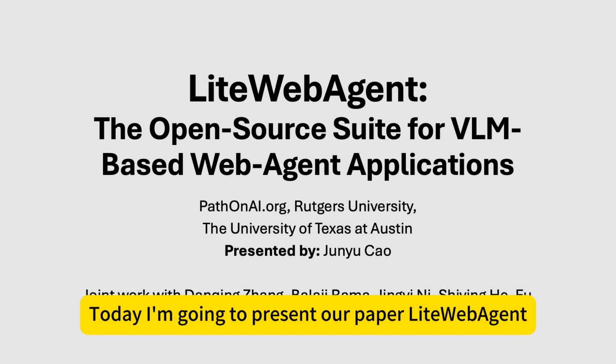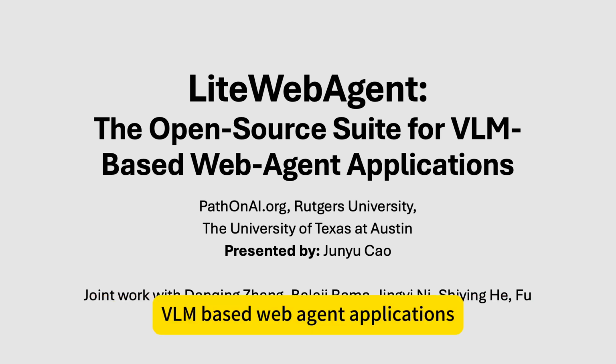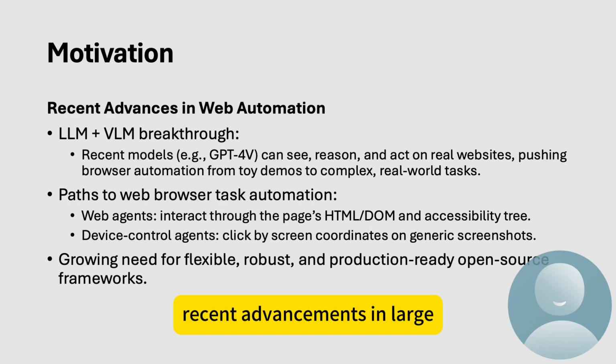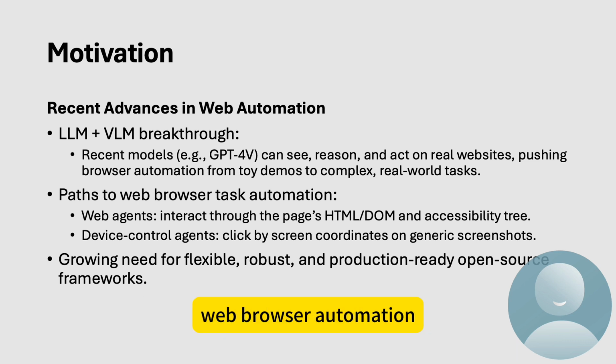Today I'm going to present our paper LiteWebAgent, the open source suite for VLM-based web agent applications. Recent advancements in large language models and vision language models have revolutionized web browser automation.